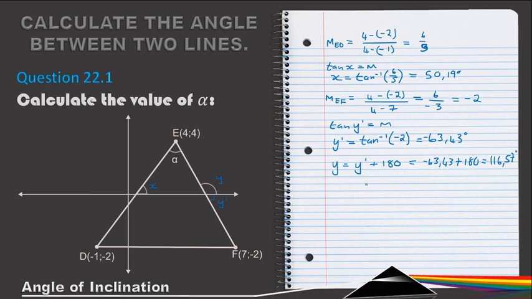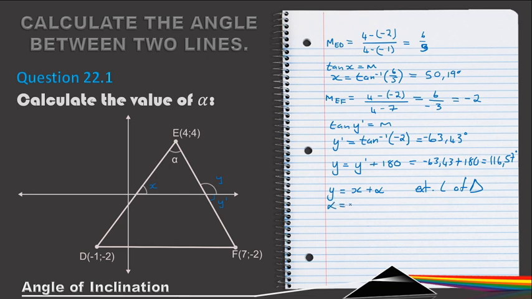116.57 degrees. Okay, and now we have x, we have y, and once again we can use the exterior angle of a triangle, because y will be equal to x plus alpha. So solving for my unknown alpha, I take my x over to the other side and get y minus x.